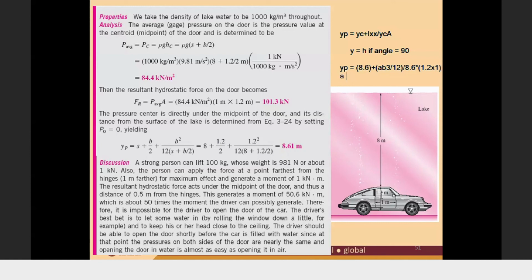So the A is what? A is the horizontal, so 1.